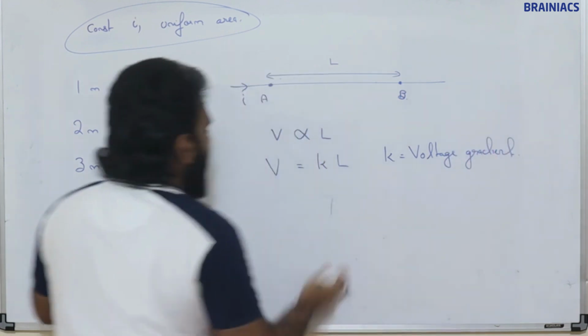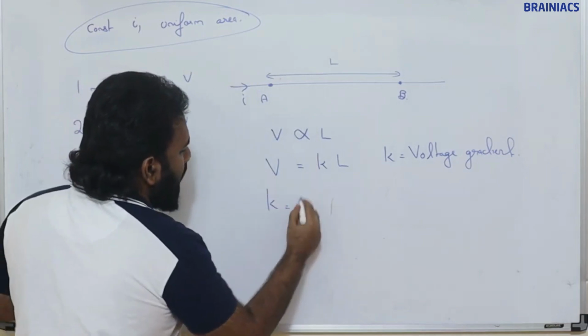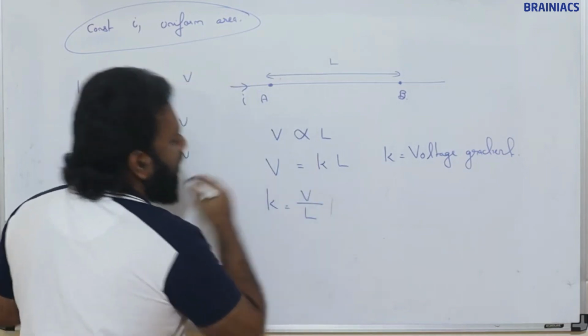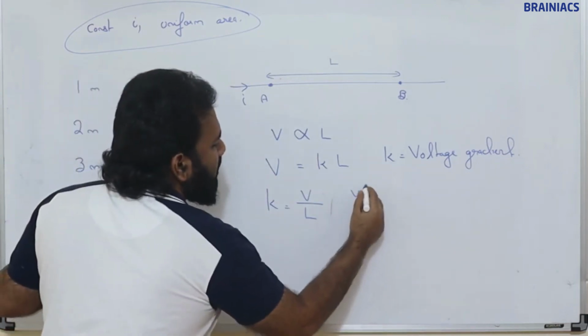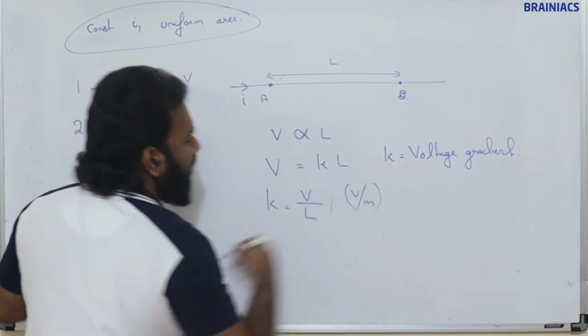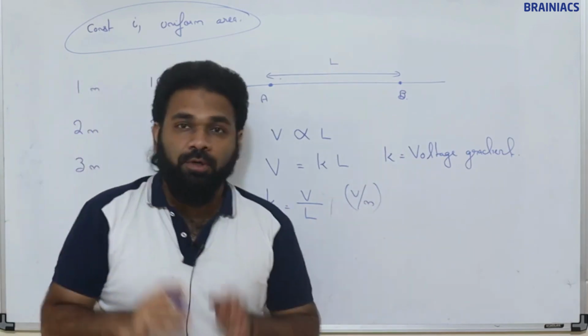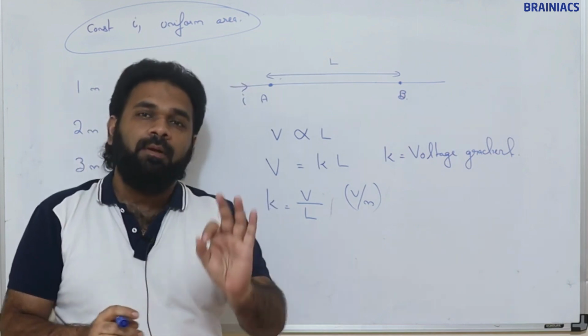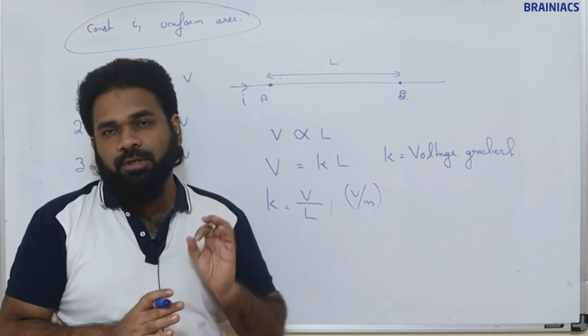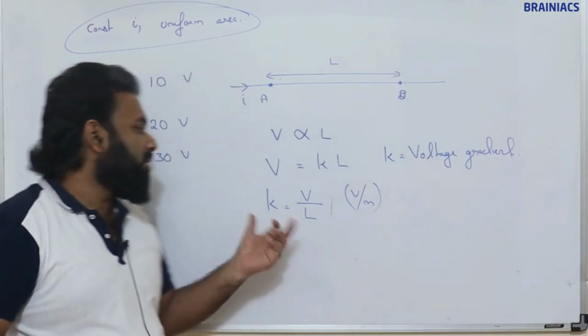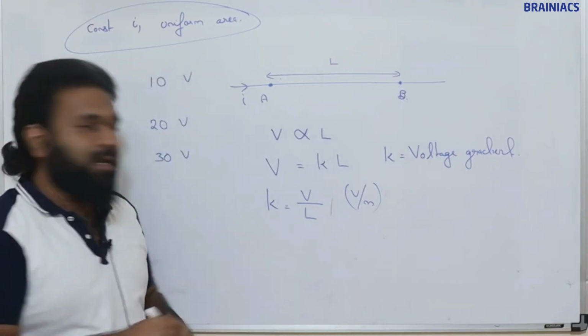What is voltage gradient? Simple. K is equal to V by L. Unit is volt per meter. The potential difference per unit length. This is what is called the voltage gradient.